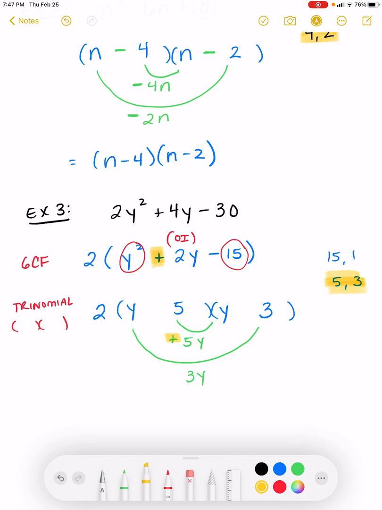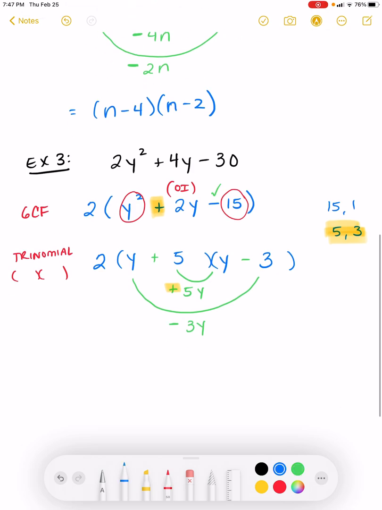So my number sense says, if we have a positive 5y and take away 3, that will give us a positive 2. So we're going to make this plus 5, take away 3. And then I always double check, does a positive 5 and a negative 3 equal negative 15? Yes. So the final answer is 2 times y plus 5, y minus 3.